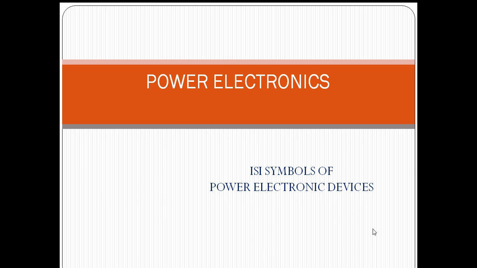After discussing these electronic circuits, we will go for drives. In that, we are using these electronic circuits to control the speed of AC motors and DC motors. How we are controlling that speed, we will discuss. And after that we will go for practical applications.